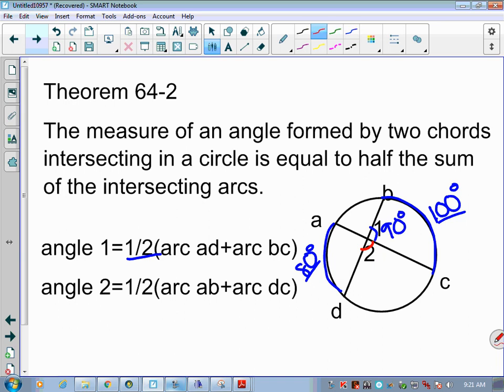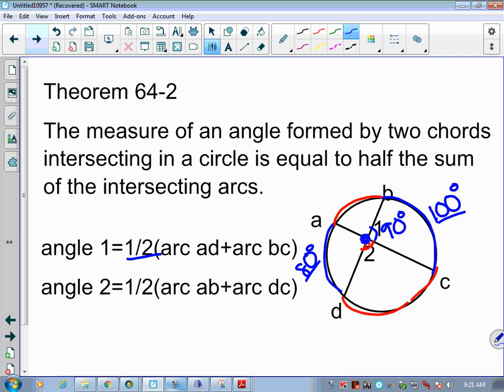Angle 2 is going to be 1/2 arc AB plus arc DC. If I know what arc AB is and what arc DC is, I add them together and divide by 2 to find that angle. What we're doing is averaging those outside arcs, because this is not in the center of the circle.